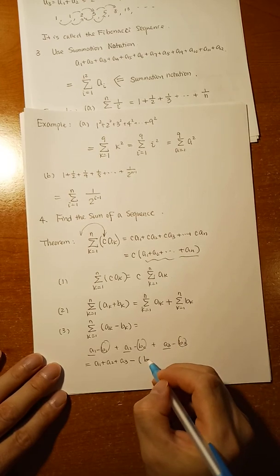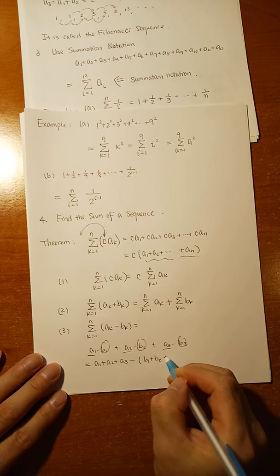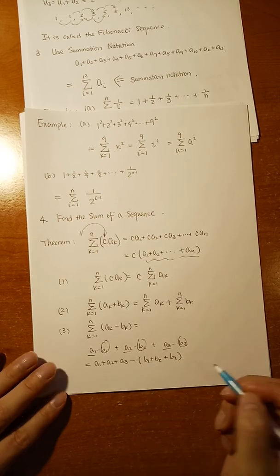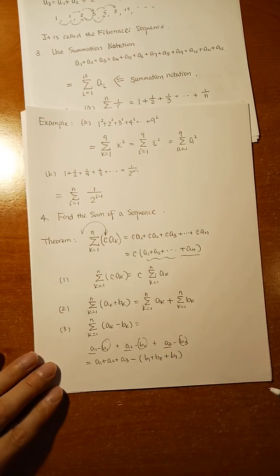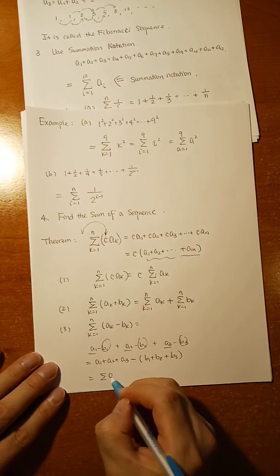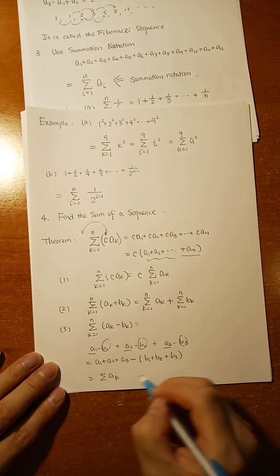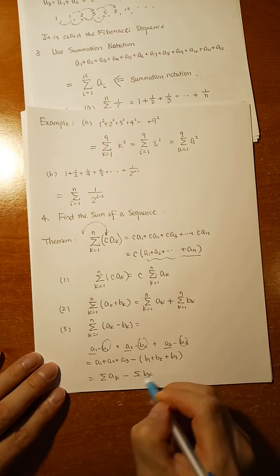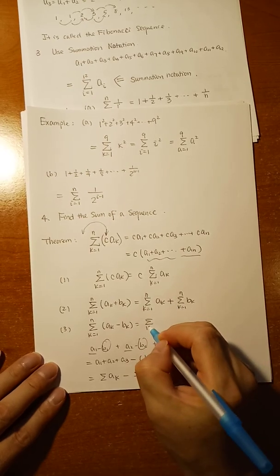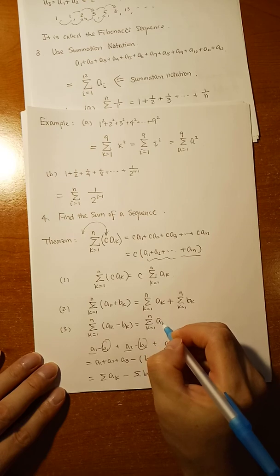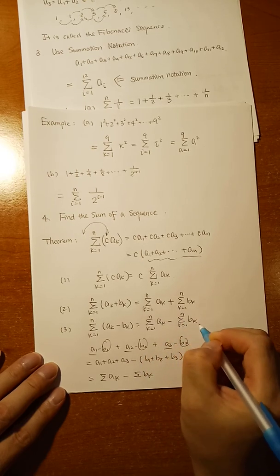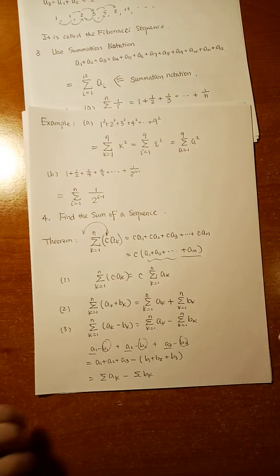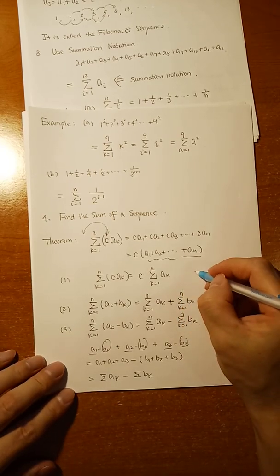So you minus (b_1 plus b_2 plus b_3) with a parenthesis, right? You subtract the sum of them because they all have the negative sign. And this is the sigma of a_k minus the sigma of b_k, k from 1 to n. That's the difference rule.